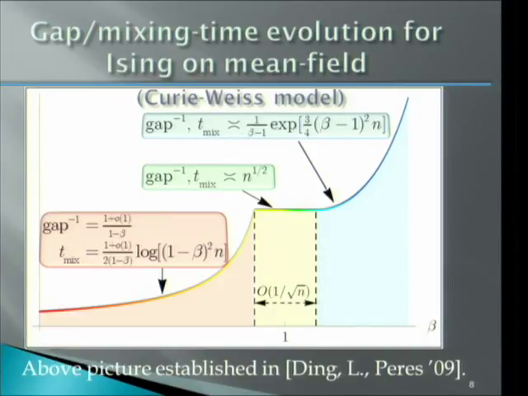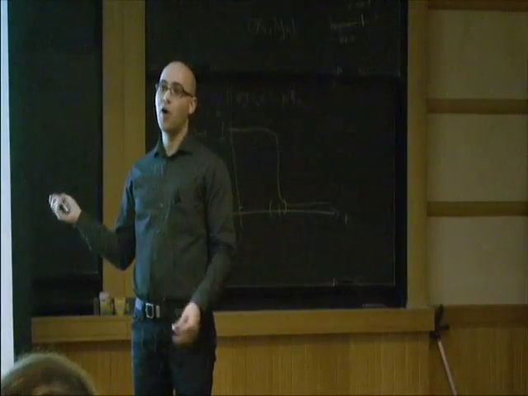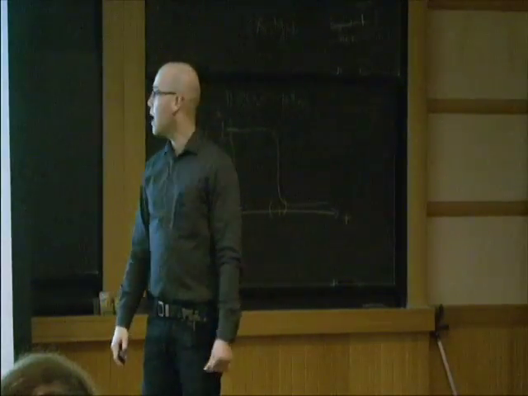Well, would you not expect that some similar picture holds in high dimensions, like above 4? Excellent question. The reason that one looks at the complete graph, at the Curie-Weiss model, is that it should give intuition to the behavior of high-dimensional tori.